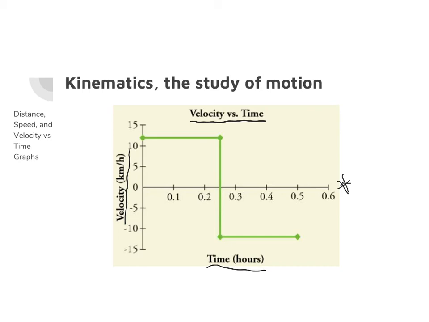Now our velocity from our house to the store was constant because it was in one direction, and we went 6 kilometers in a half hour.